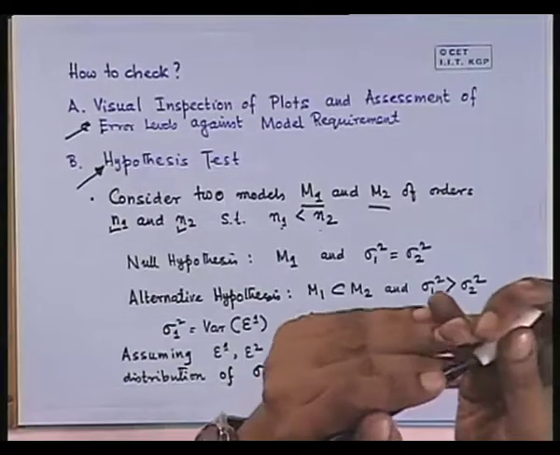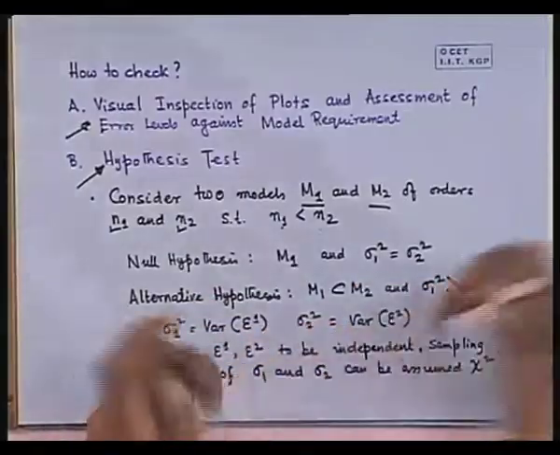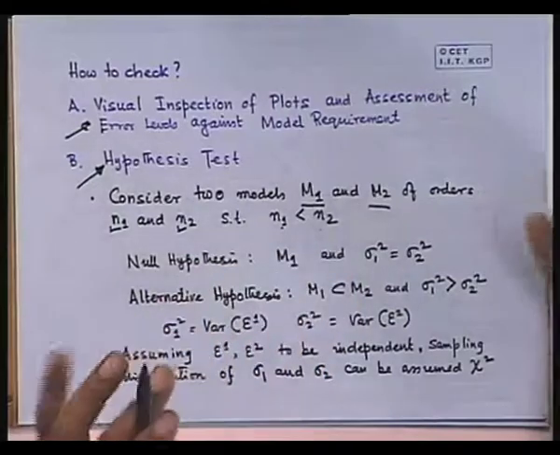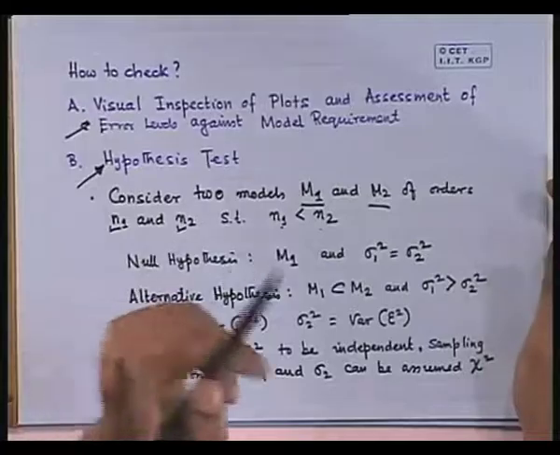Now if you estimate with a first order model structure, you will get some prediction error. Similarly if you use M2, you will get another prediction error. Remember that you have got just one data set, a finite number of data sets.